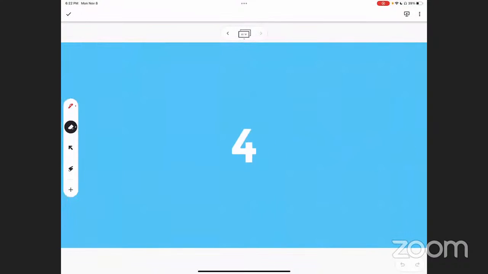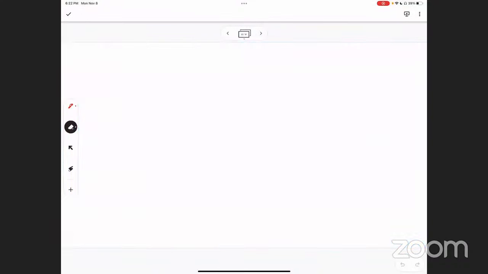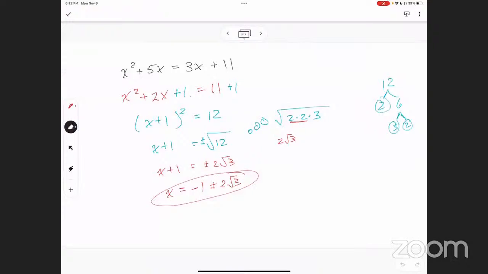Okay. And for 12, I thought you said that it would have to be 2 times 6. So I thought you said it had to be doubles. It does have to be doubles, but is 6 a prime? No, 6 isn't a prime number. Can you break 6 down more? Yeah, 3 and 2.